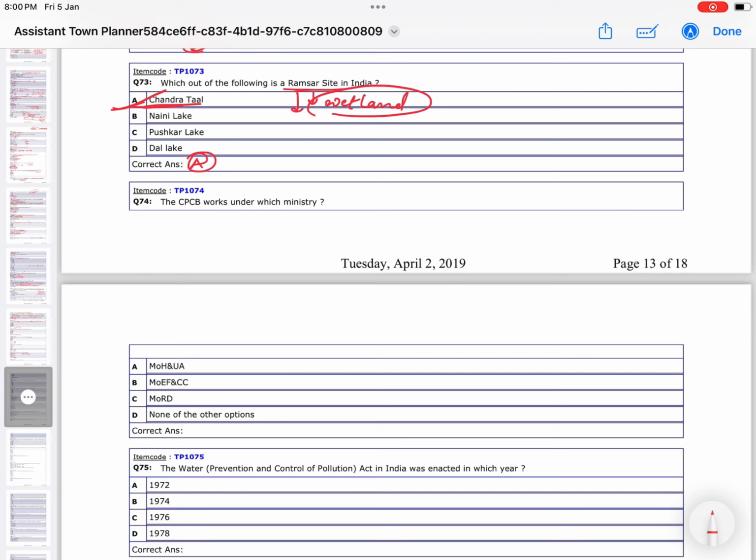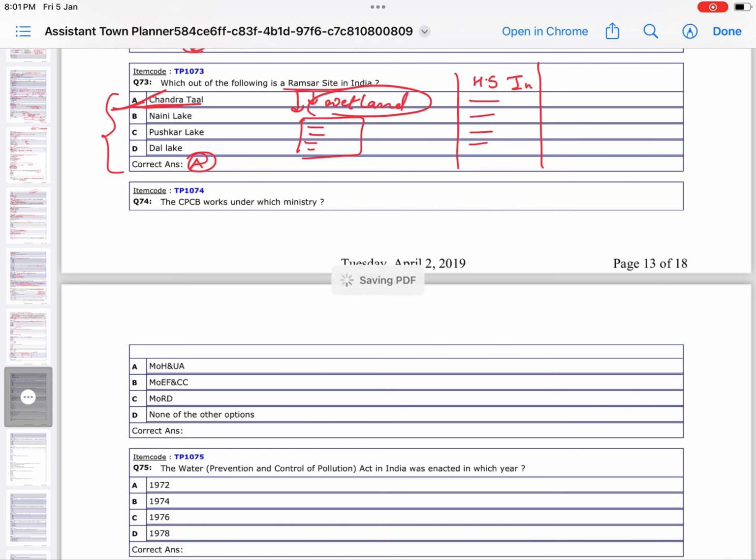But you have to remember there is a list of them, so that if the question pops up, you know which is and which is not. You also have to remember UNESCO World Heritage Sites as well. In India, which is the heritage site that has been included in recent years among the UNESCO World Heritage Sites?